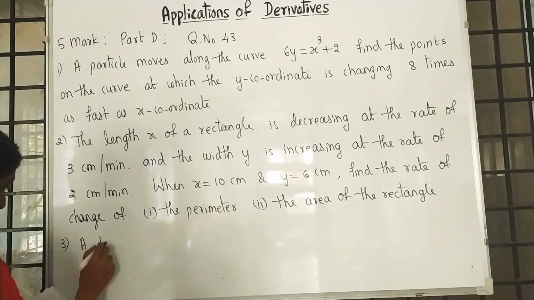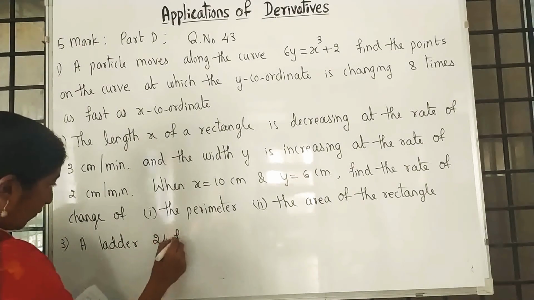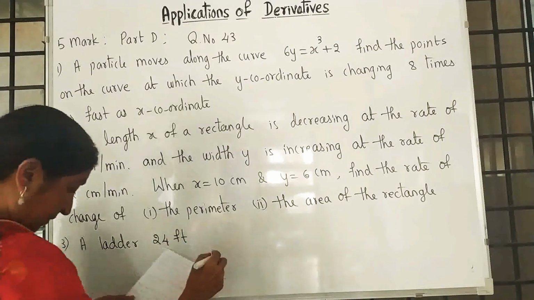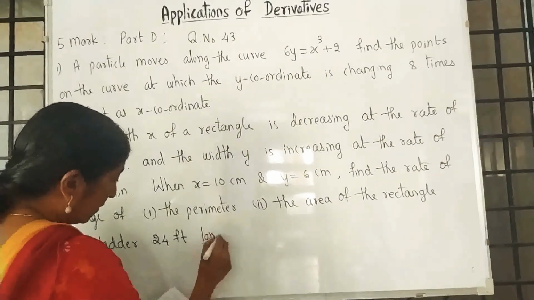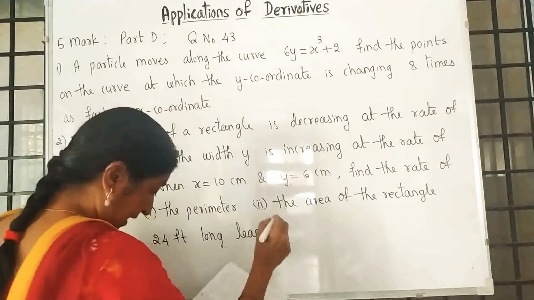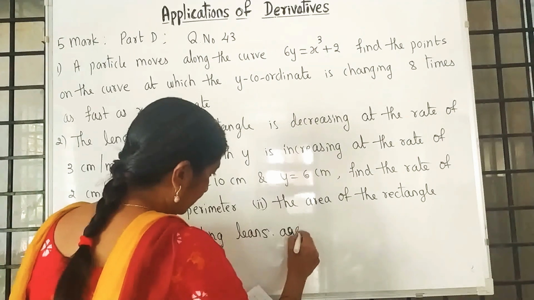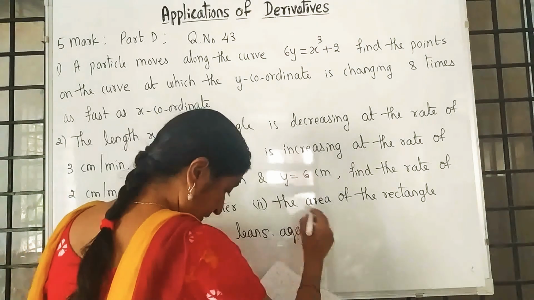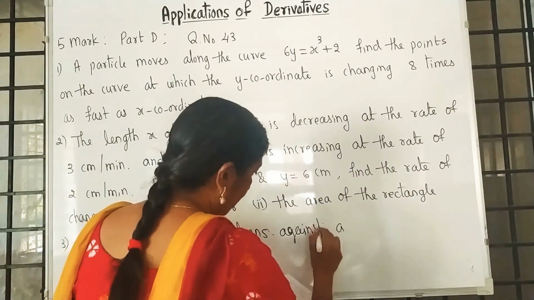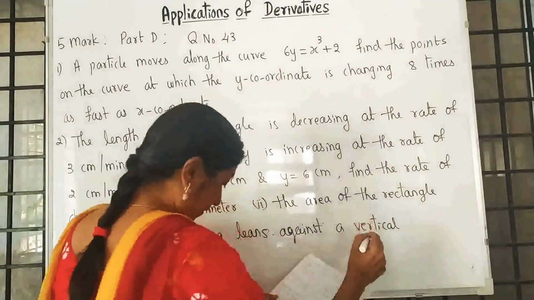A ladder 24 feet long leans against a vertical wall.